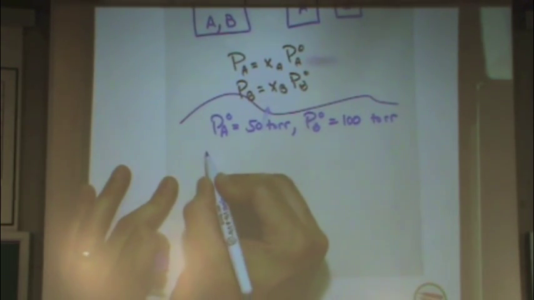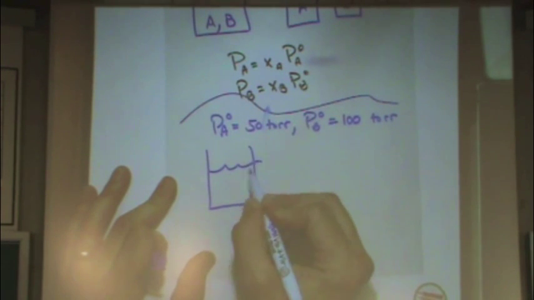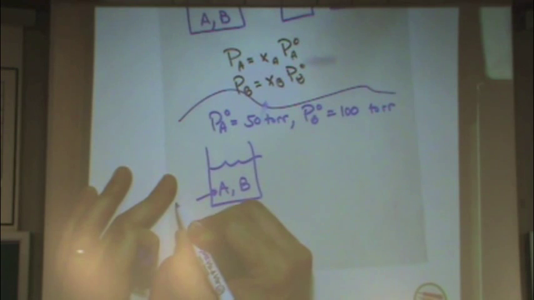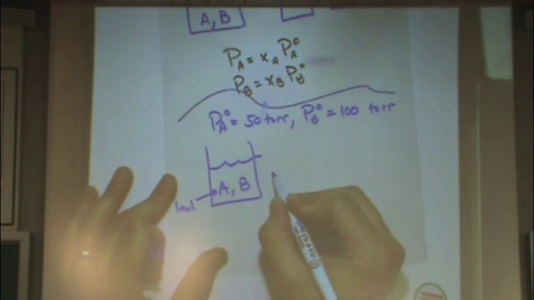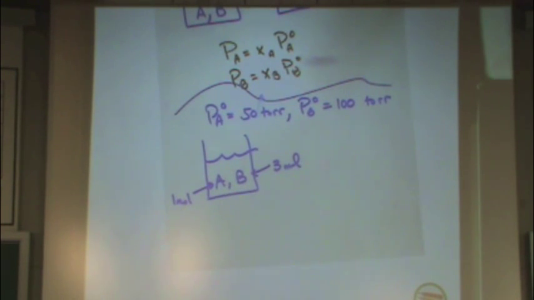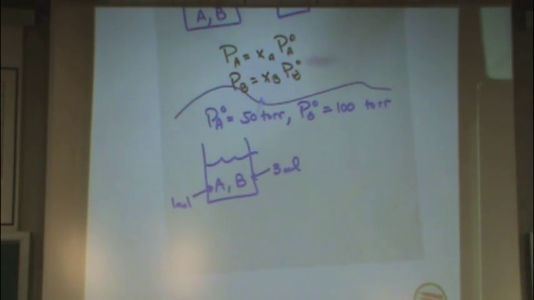In the container of A and B, you have 1 mole of A and 3 moles of B. I want the partial pressures and the total pressure. Pretty common question.